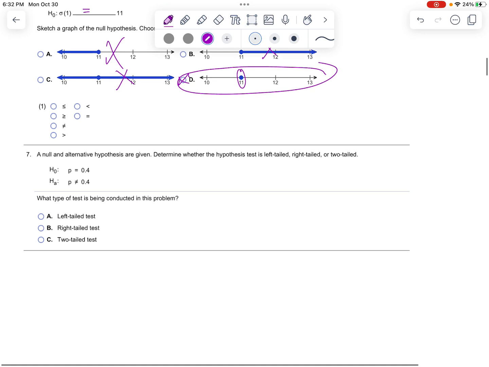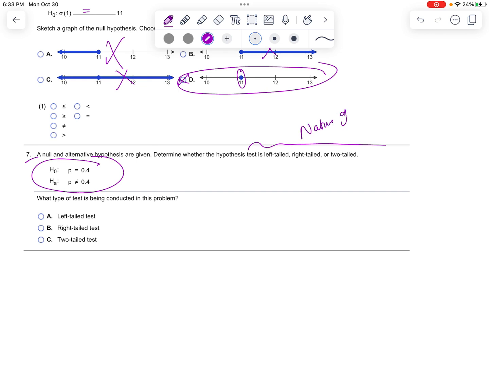Let's look at number 7. It says a null and alternative hypothesis are given, right? So this is equal. Determine whether the hypothesis test is left tail, right tail, or two tail. If you remember from your notes, this is the nature of your test. You can have a left tail test, which means the alternative contains the less than sign.